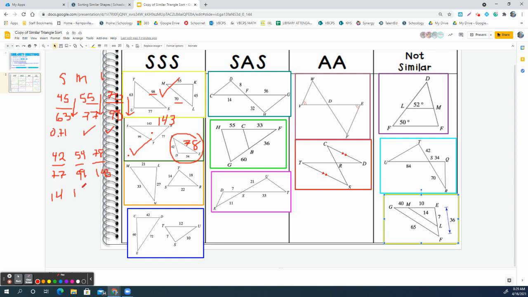So choose one. I don't care which one you choose. Let's figure out if the orange one stays or the blue one stays. Again, just make sure you organize it small, medium, large.